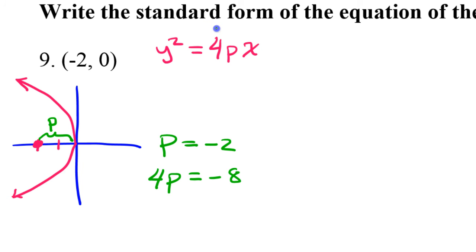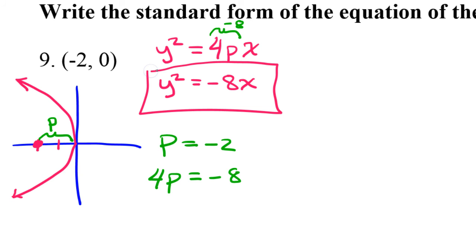That tells me that this is going to be -8 right here in the equation. So my equation becomes y squared equals -8x. Just remember, when it's sideways, it'll be y squared. If it's vertical, it'll be x squared.